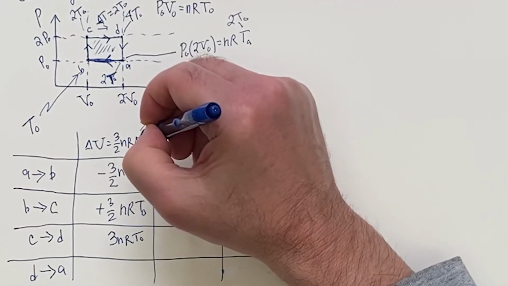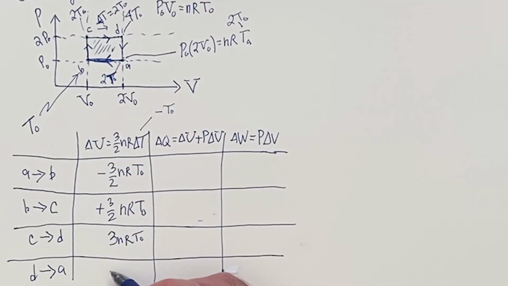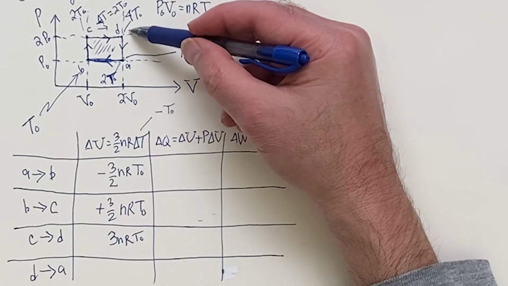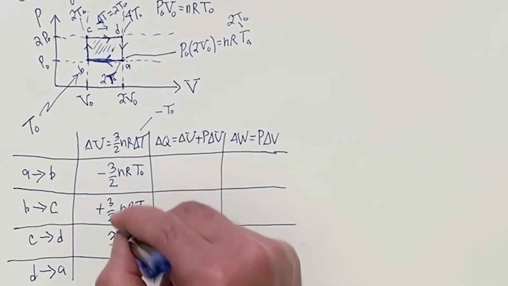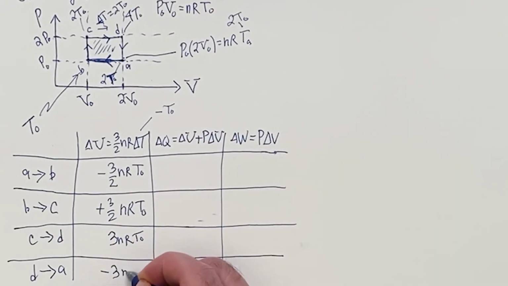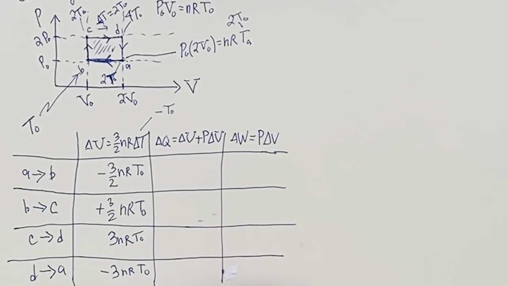So you put in 2 T naught there, the 2's cancel, and you get 3 nR T naught. And then for the last one, you go from 4 to 2. That's the reverse of the one we just did, so this is minus. And if you do the check, and you add these up, you get 0. They cancel out because you're back to your starting point. So the total change in the energy is going to be 0.